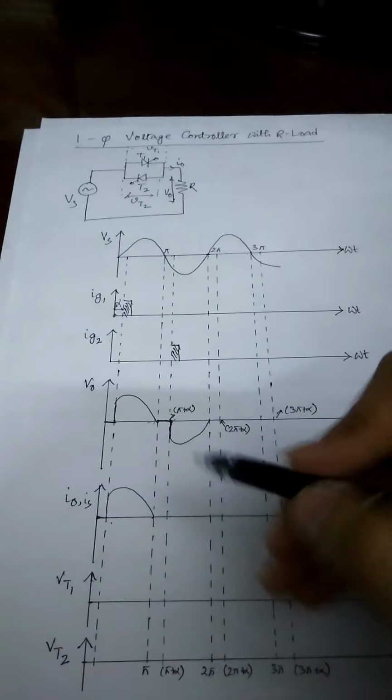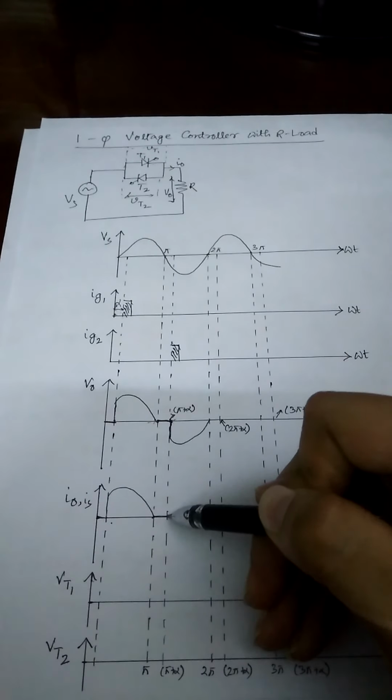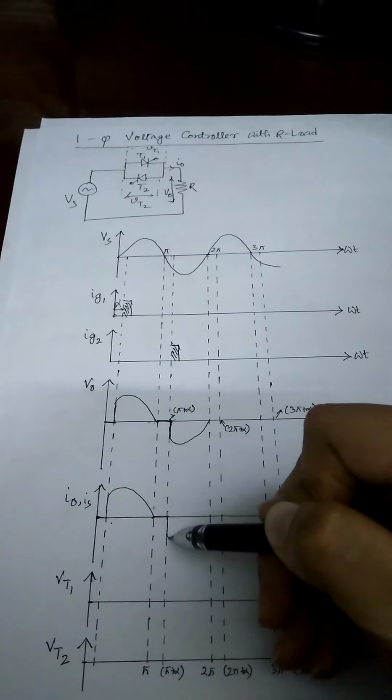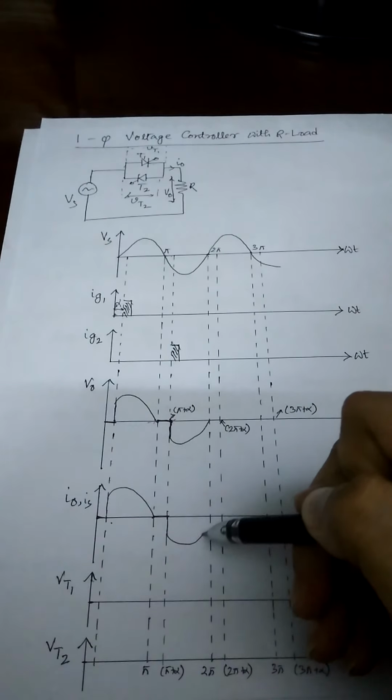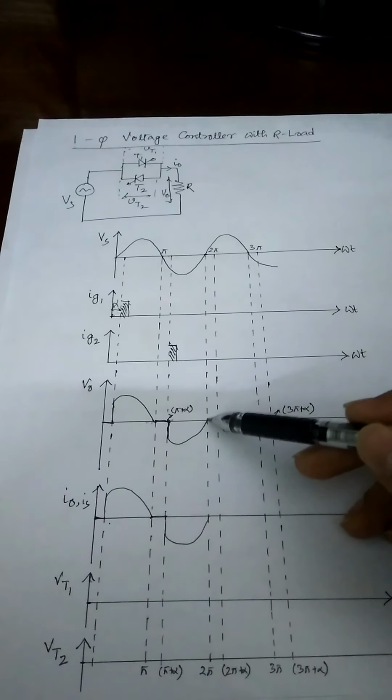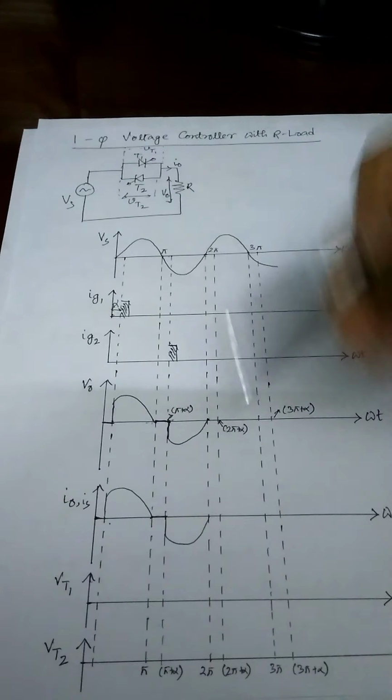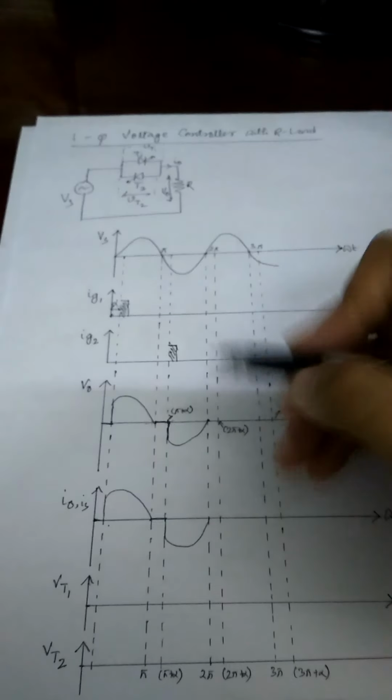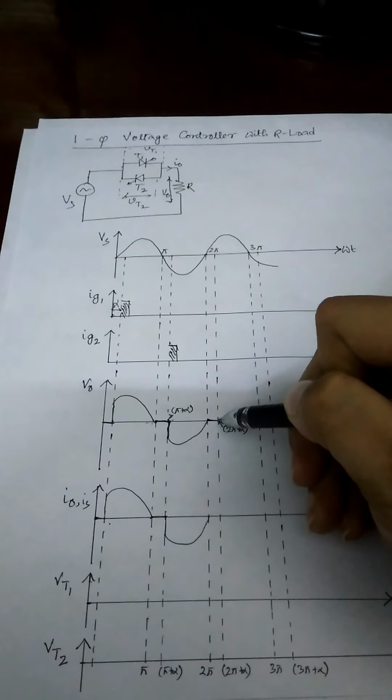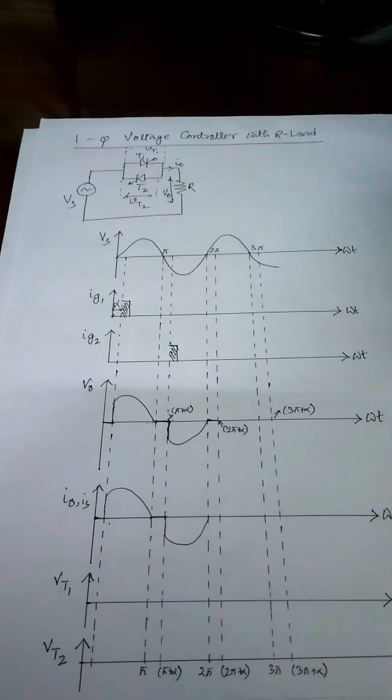And also the current is similar. Now the cycle repeats at 2 pi point. Again at the zero crossing this thyristor T2 is going to be in reverse bias, and after some delay at 2 pi plus alpha the T1 thyristor is again going to be in conducting mode.